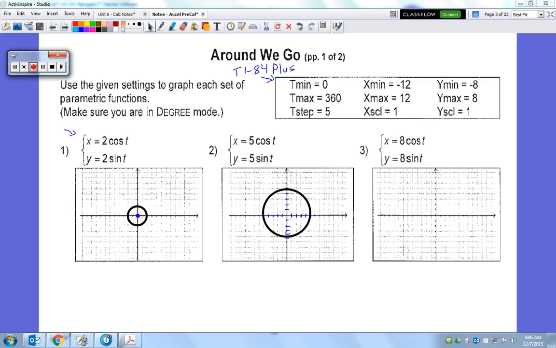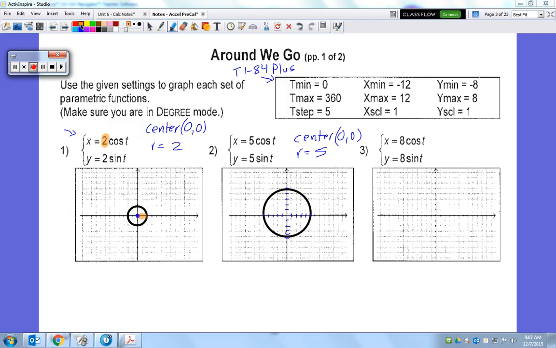Okay. So now, real quick, the center is 0, 0. The radius is 2. Over here, the center would be 0, 0 also, and the radius this time would be 5. Now you should start to identify the pattern. X-wise, I'm going to move a horizontal distance of 2.